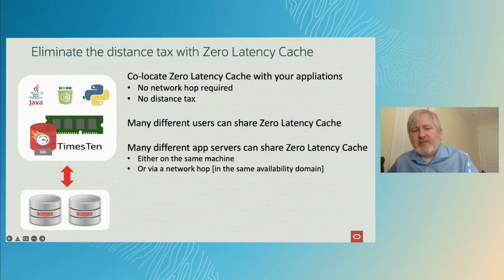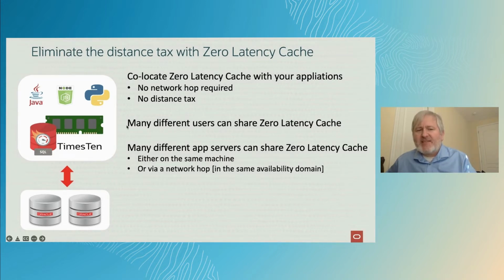There are going to be different cases. The best possible case is if your cache, your SQL data cache, is co-located on the same machines as your applications, you're going to minimize that round-trip time. If there's no network hop, you're not paying any distance tax.